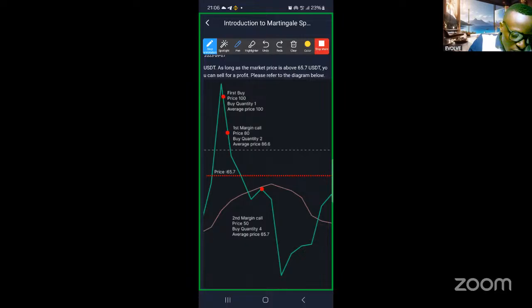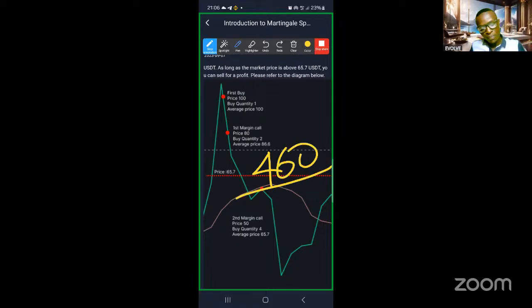So now we are going to get $460 divided by the total quantity received. How many coins did we receive? To know how much each of our coins is worth.